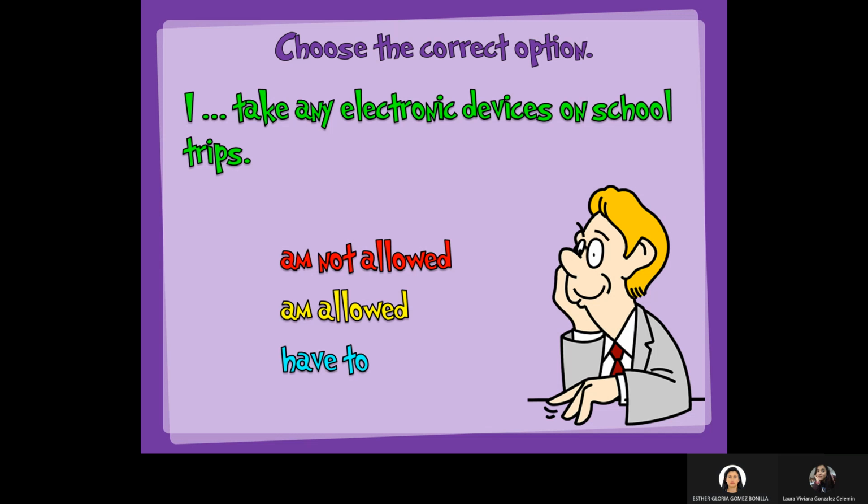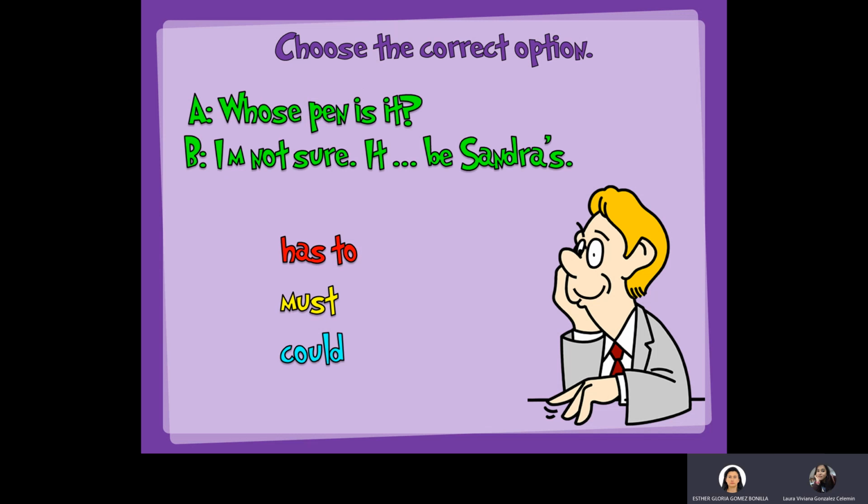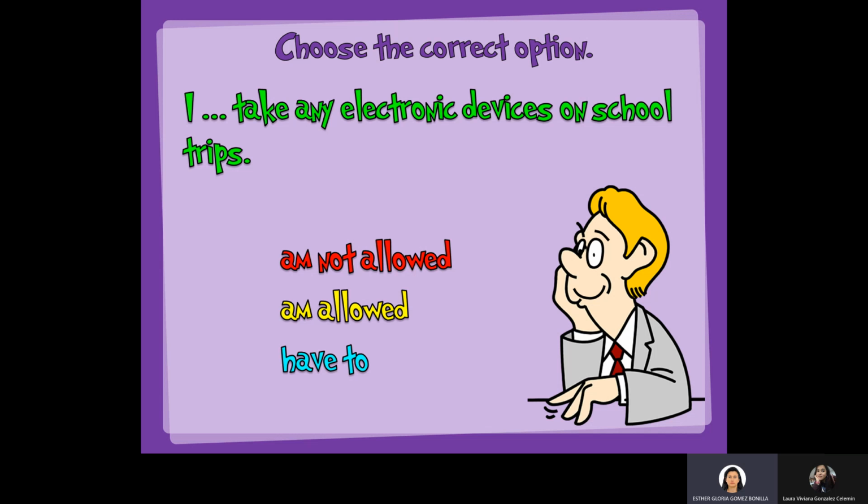Any, when you have any, Laurita, means that your sentence is negative, okay? With any, the sentence is negative. So, what is the appropriate answer?